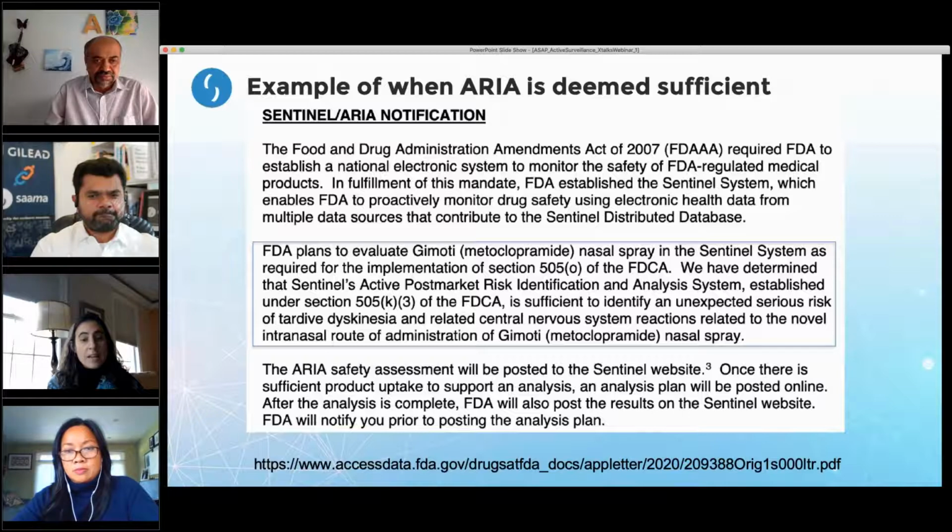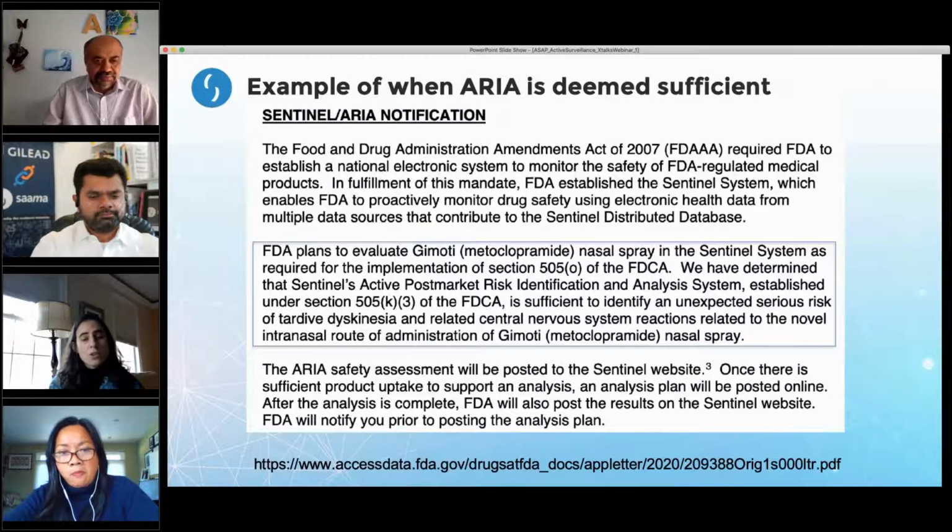And it's saying that it found it sufficient, so you can see that wording there, to study this risk of a particular outcome with respect to this spray. What the FDA is signaling then is that they intend to do this study, and they intend to actually look at this using the data and the tools that they've developed.